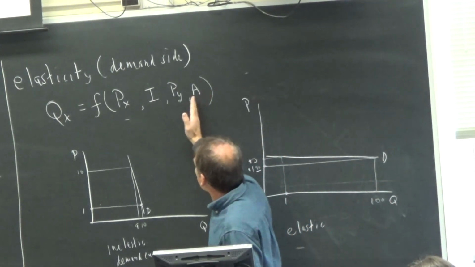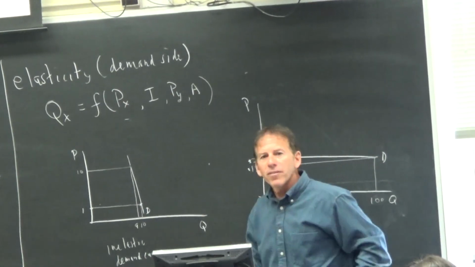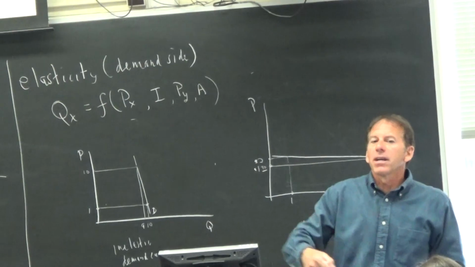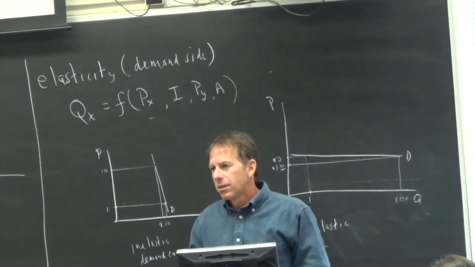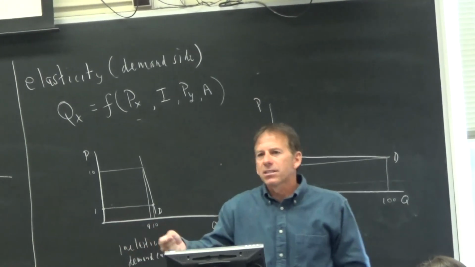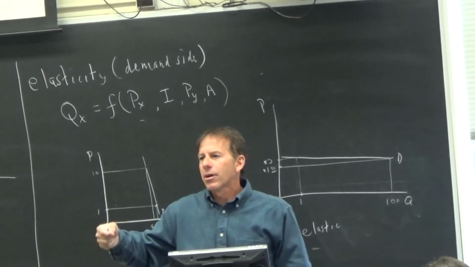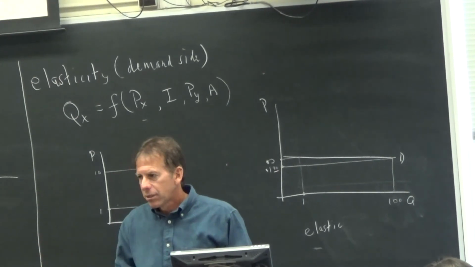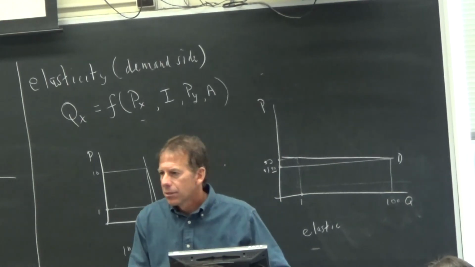So we've gone over all of these different factors of demand. And now we're just going to put a number value to them. Now we're going to say, if income changes, what happens to demand? It goes up. Now we're going to say, by how much? And if the price of Coke goes up, that changes the demand for Pepsi. Now we're going to answer the question of, by how much? Are they weak substitutes, or are they strong substitutes?